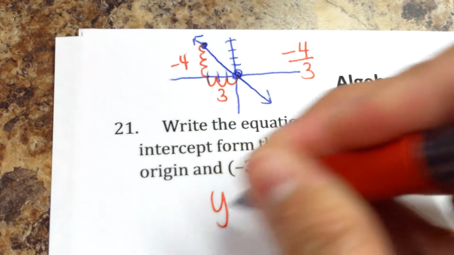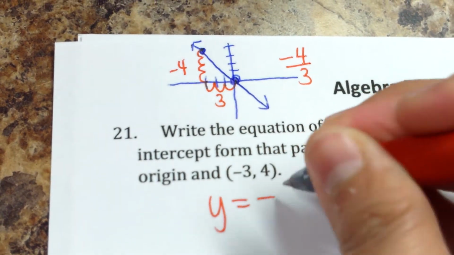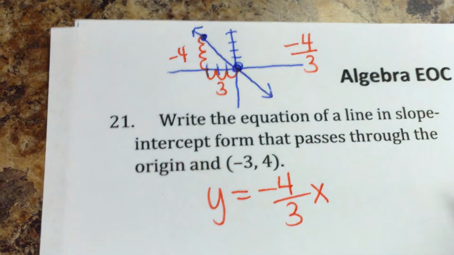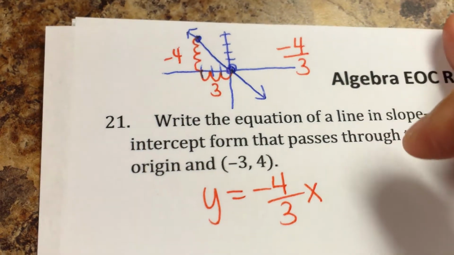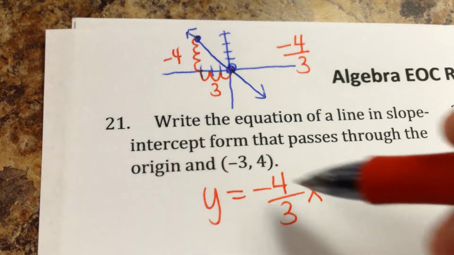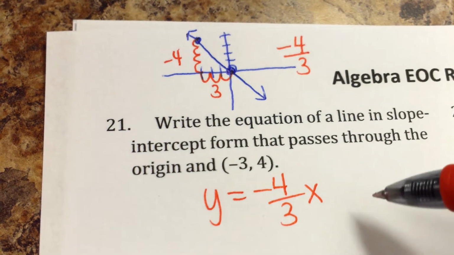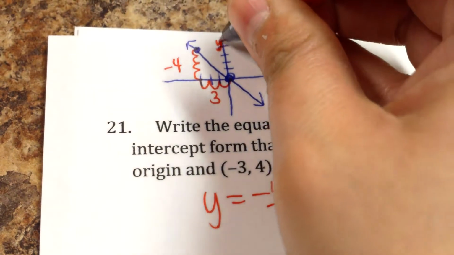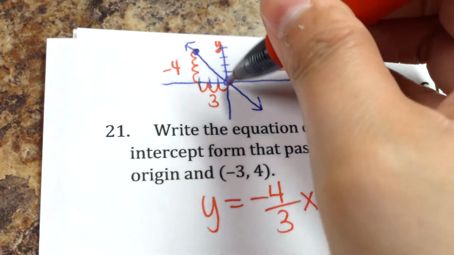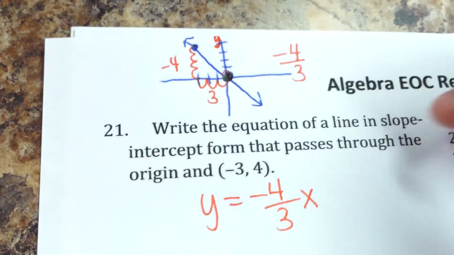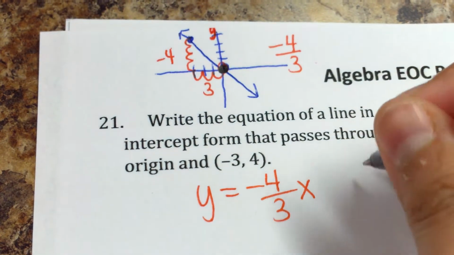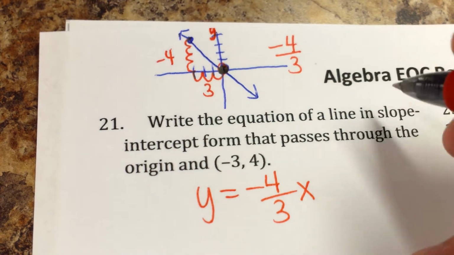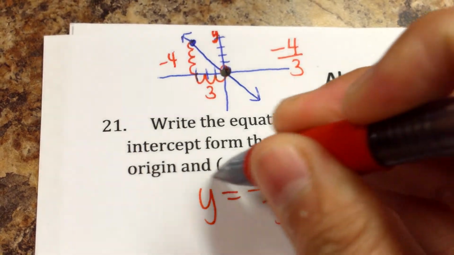So I already have y equals, my m is negative 4 over 3 x, that is my slope, and my b, which is y equals mx plus b, I'm trying to find b, my y-intercept. My y-intercept is, where does it cross the y-axis? Well, it crosses at this number, which is 0. So you can put plus 0, you don't have to, because anything plus 0 is just itself, so that's my answer.